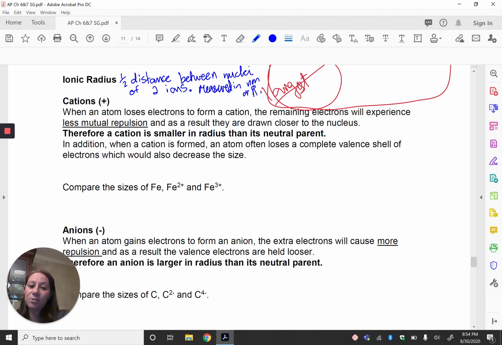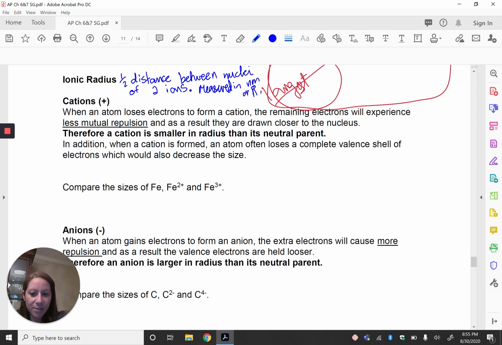And so as a result, the net attraction increases, right? Because the protons are the same, there's less repulsion from less electrons, and so the net, the Zeff, or the net Coulombic attraction between the nucleus and the valence electrons gets stronger, and so the size gets smaller. So a cation is smaller in radius than its neutral parent.